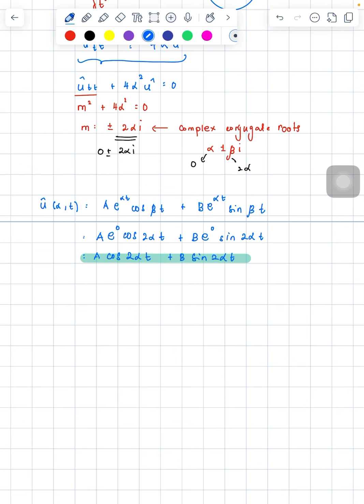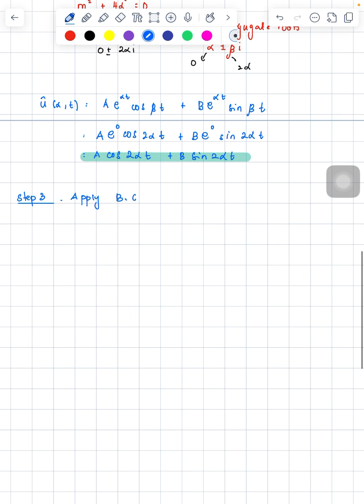Then we move to the third step, step number 3: we need to apply the boundary conditions. We have the first boundary condition, u at 0 equals 0.